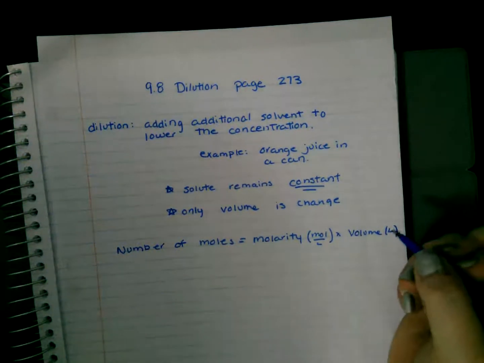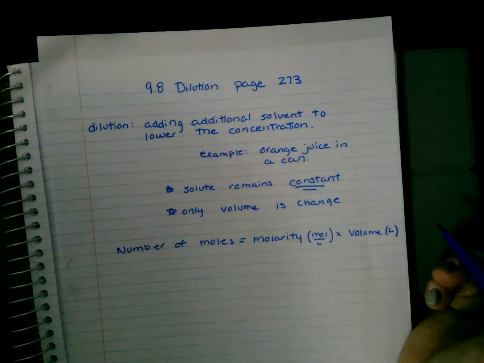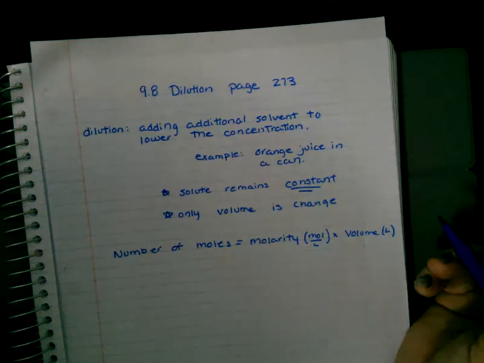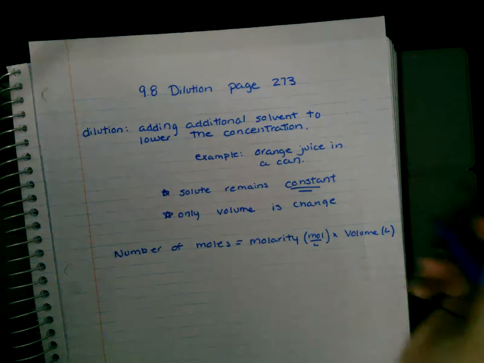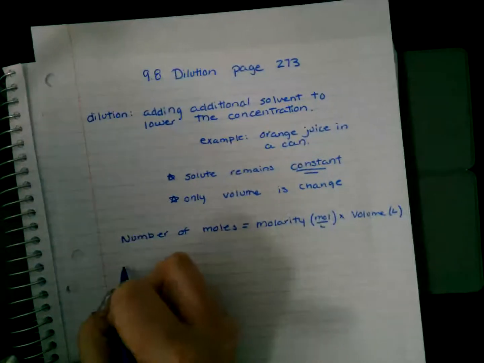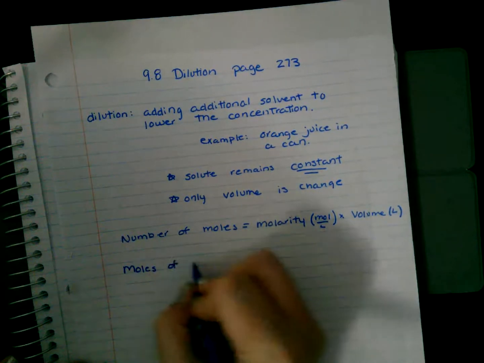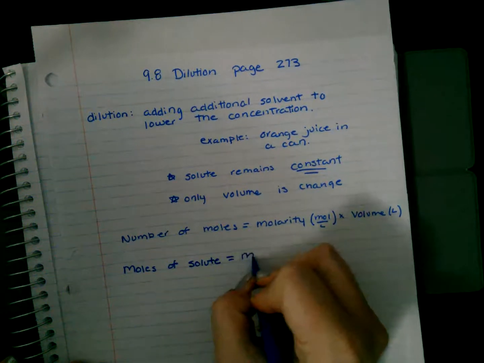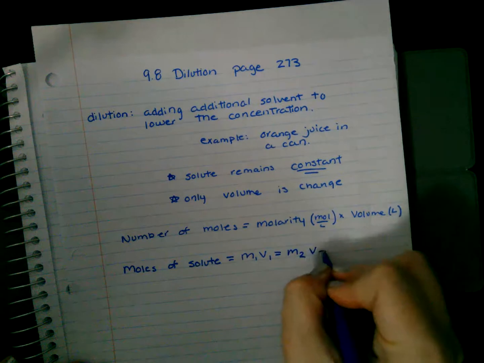So because the number of moles remains constant, we can set up the following equation where M1 and V1 refer to the solution before dilution, and M2 and V2 refer to the solution after dilution. So the next equation we need to know is moles of solute equal: M1 V1 equals M2 V2.